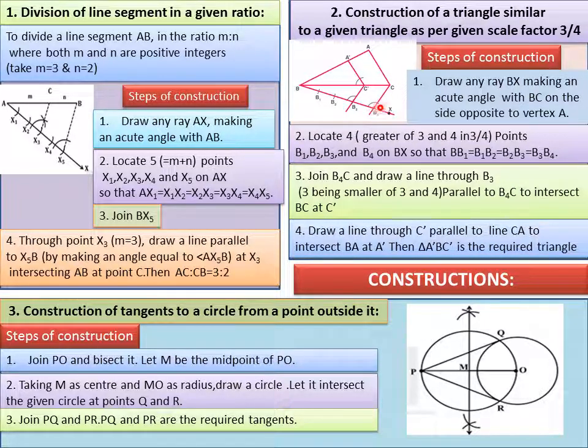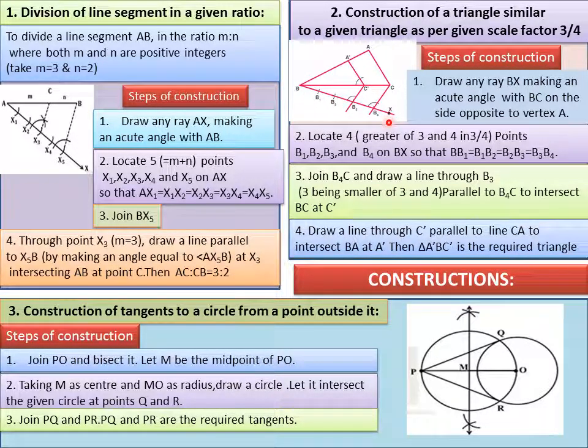And then how to do it? So here are the steps involved. The first step is similar to the previous division of a line segment in a given ratio. So here also we need to draw a line BX at an acute angle with BC.